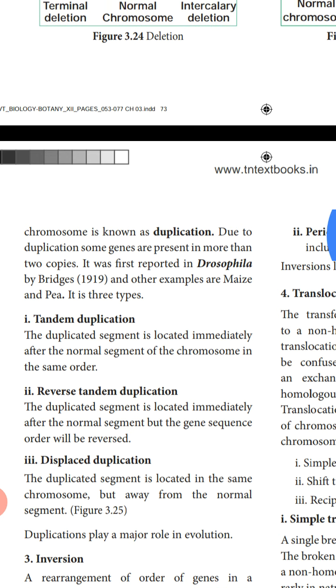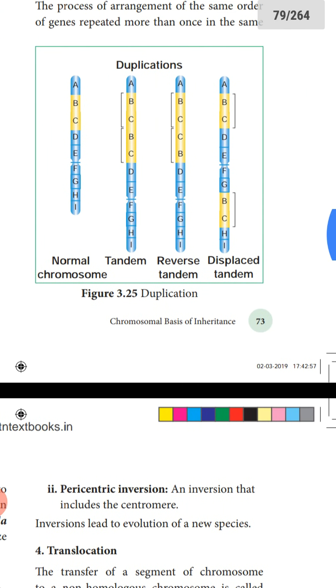Okay, so here you can see in this diagram 3.25, the normal chromosome A, B, C, D, E, F, G, H, I. This is the normal chromosome. This is the sequence of genes in this normal chromosome. Now here what is happening? The segment BC is getting duplicated.